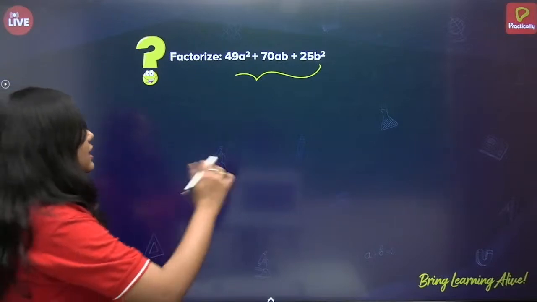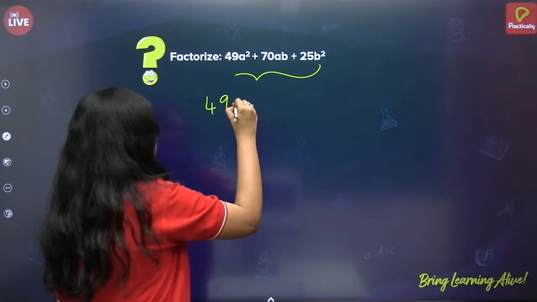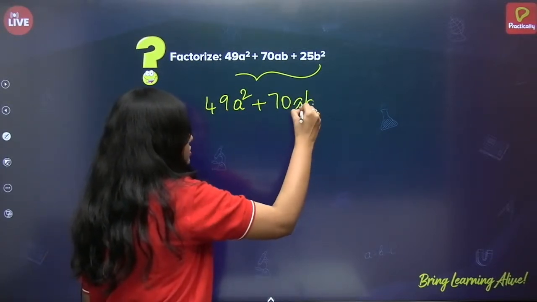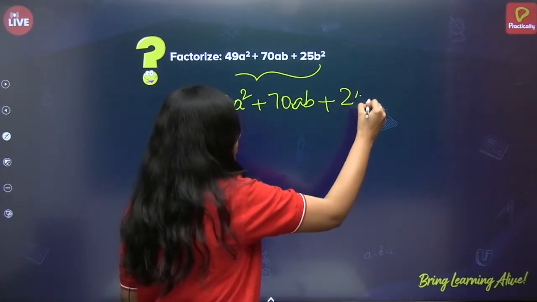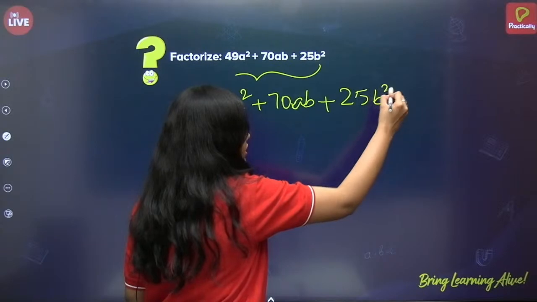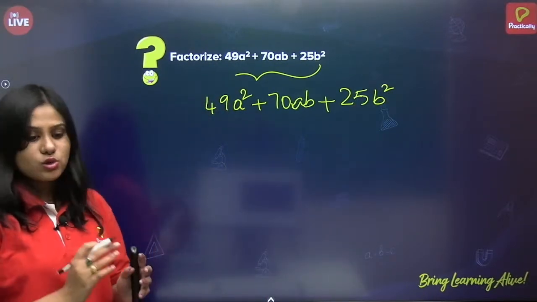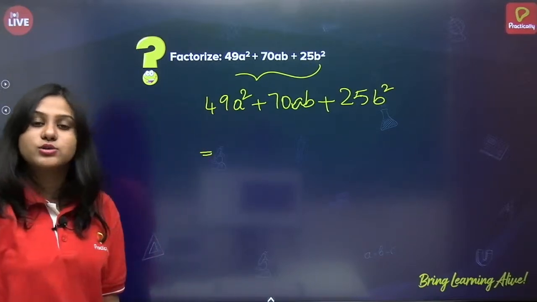Okay, let us see. So 49a square plus 70ab plus 25b square, correct? So this is the given expression. You don't know, it's okay. Listen. Can I write 49 as 7 into 7?